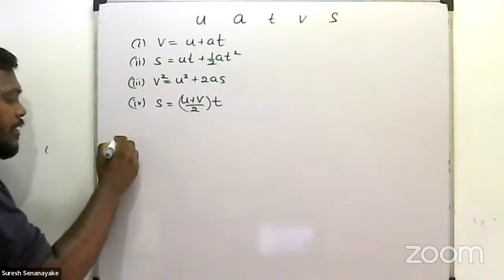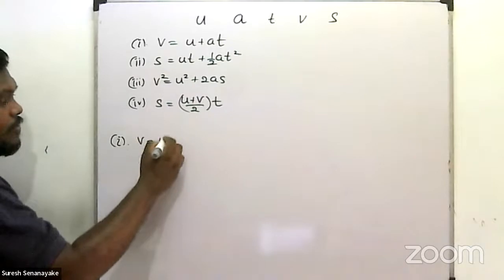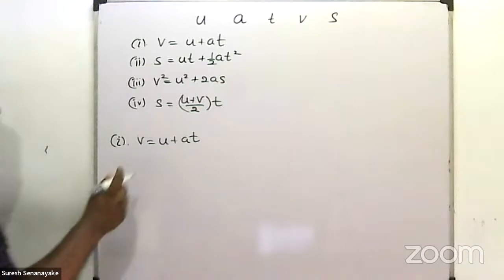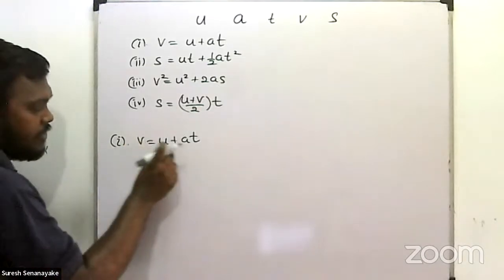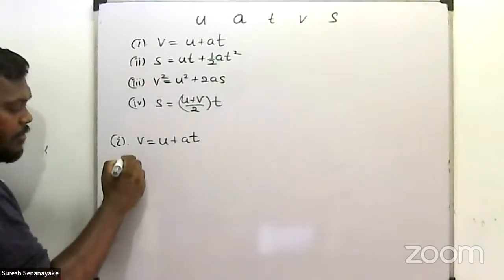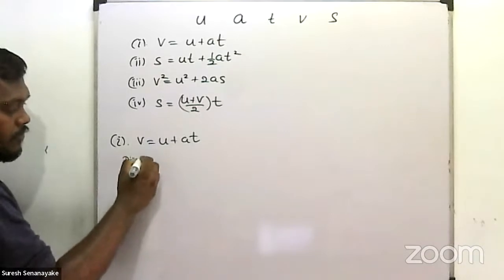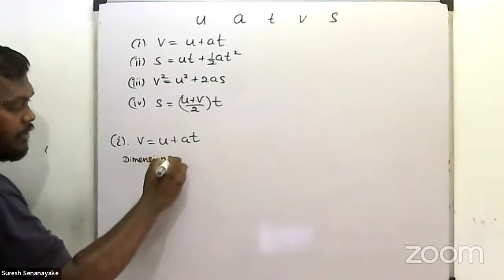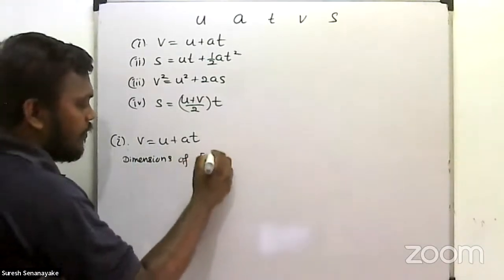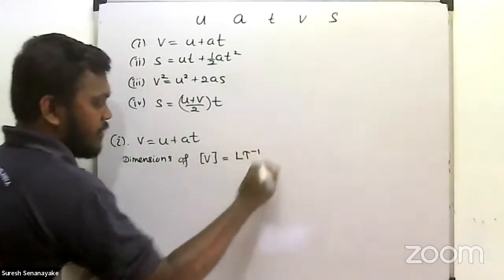We consider this first one, I will do it, the equation v equals u plus at, right? So we need to consider the dimensions of the separate terms. First, the dimensions of v, the first term, that is LT to the minus 1, because it's a velocity.